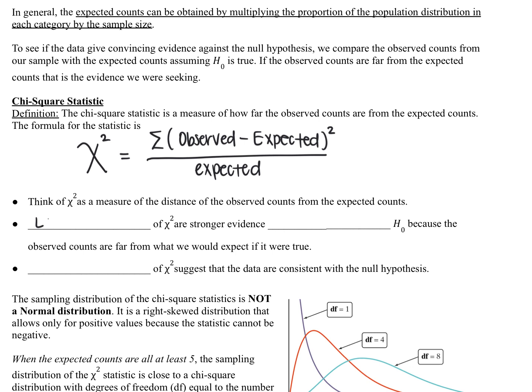Larger values of chi-squared are stronger evidence against the null because the observed counts are far from what we would expect if it were true. Smaller values of chi-squared suggest that the data are consistent with the null hypothesis.